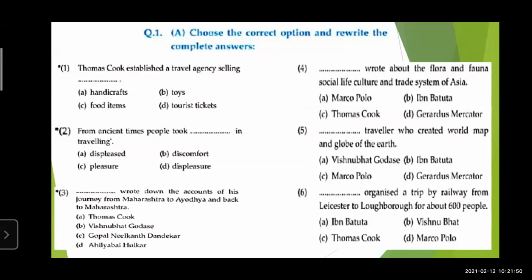The options are Vishnubhat Godse, Ibn Battuta, Marco Polo, or Gerardus Mercator. The correct answer is D, Gerardus Mercator. Then the sixth one: dash organized a trip by railway from Leicester to Loughborough for about 600 people in Europe. The options are Ibn Battuta, Vishnubhat Godse, Thomas Cook, or Marco Polo. The correct answer is Thomas Cook.